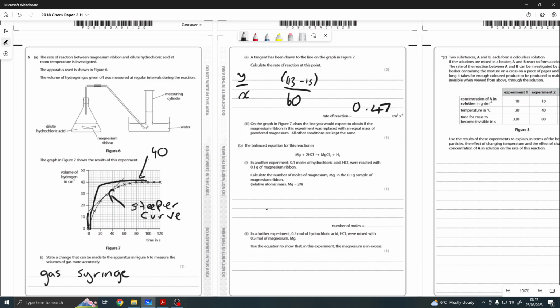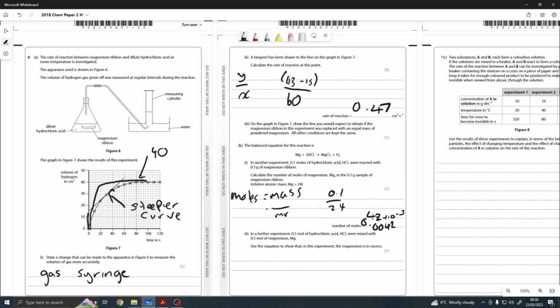Hopefully you know moles is mass divided by Mr. So all you've got to do is 0.1 divided by 24, which gives you 4.2 times 10 to the minus 3. Or if you like decimals, 0.0042. Either is acceptable.